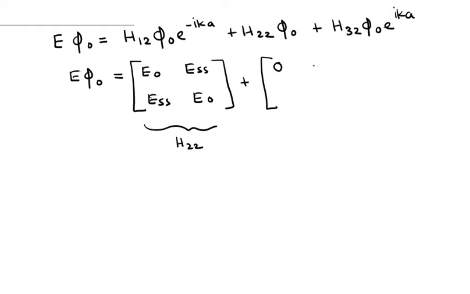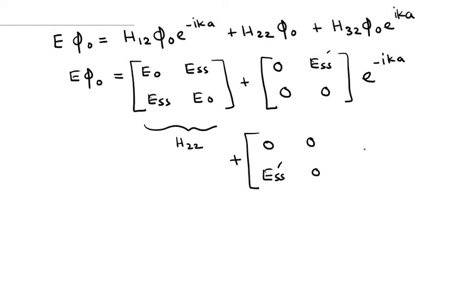So this is 0, ESS dashed, 0, 0, e to the power minus i k a, plus 0, 0, ESS dash, 0, e to the power plus i k a. Okay, so here this one is a 2 cross 1 vector, and so we also have to multiply these matrices by phi 0.